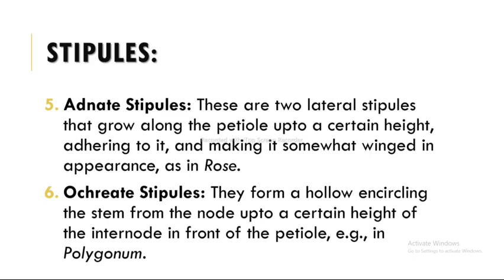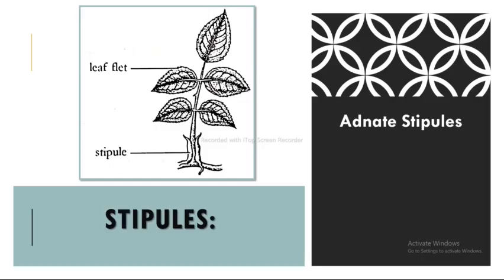And the next, the sixth type of the stipules, is the ochreate stipules, and they form a hollow tube encircling the stem from the node up to a certain height of the internode in front of the petiole, for example in Polygonum. So in this figure you can see that these are the adnate stipules. This is the leaflet, and in the last you can see that this is the stipule.